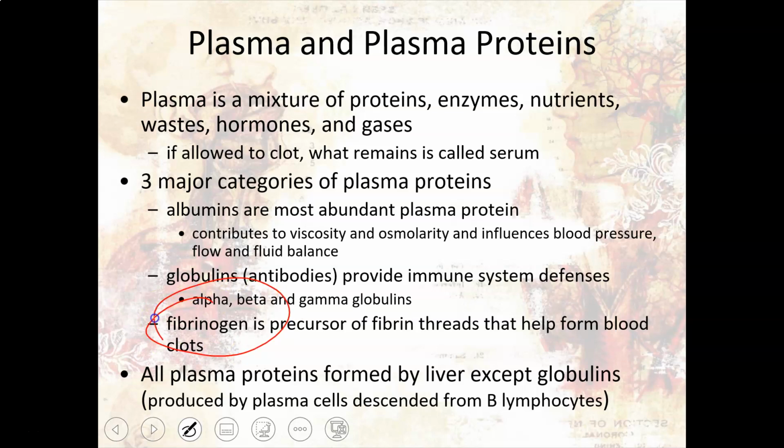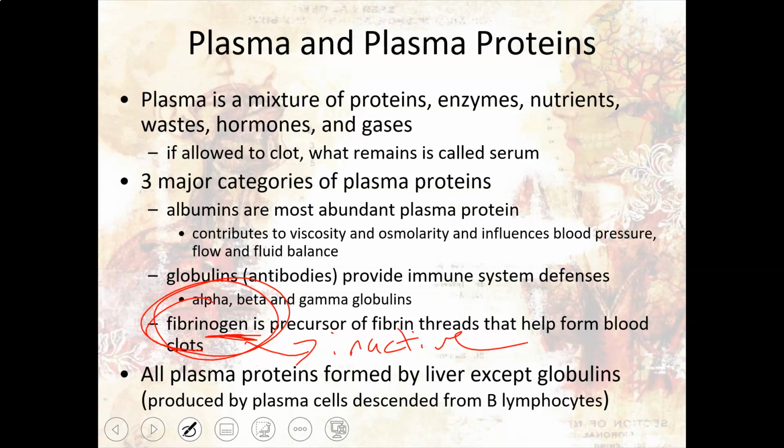Now, this is the first time we've seen this idea, fibrinogen. When you see that gen suffix, what that is going to indicate is an inactive protein. Anytime you see that, whether it's fibrinogen or pepsinogen or trypsinogen or any of this, all of that is an inactive protein.